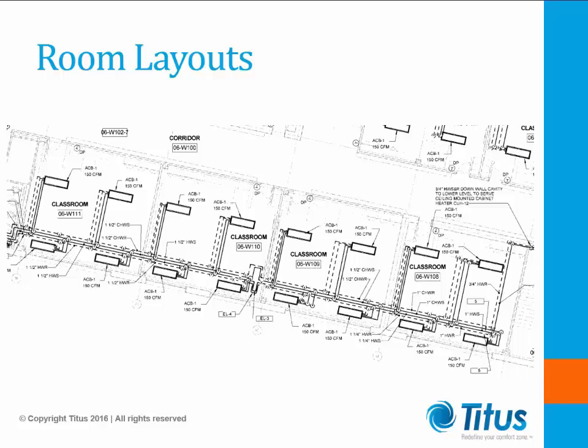So you could effectively link the dew point sensor mounted in a common return for these rooms to the chill water valve for all of the beams. And so you're going to reduce your control points there. However, since you may have kids coming in and out of the classroom at different times, going to and from recess at different times, in this case, it's probably best to have a dew point sensor per room.